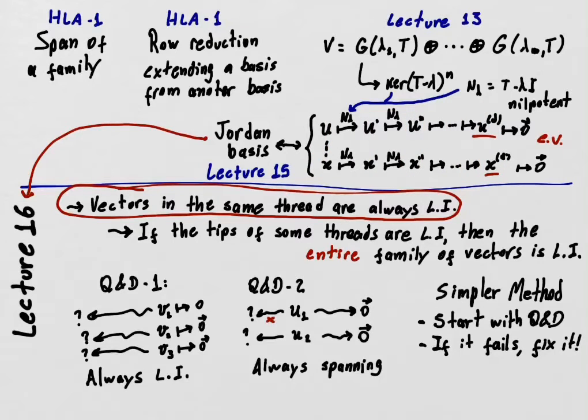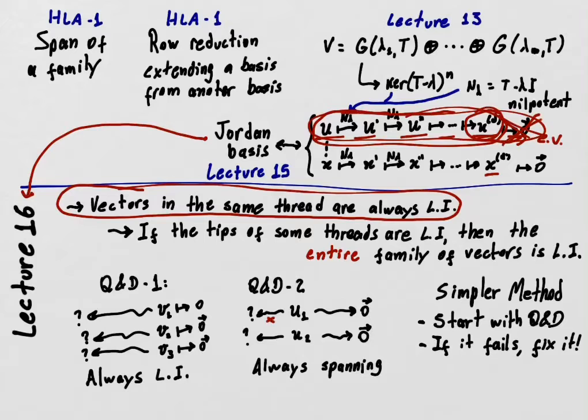However, there is a much stronger property, and you prove that property in a similar way as you prove this condition for a single thread. So for a single thread, what did we have? We had non-zero vectors that eventually end at 0. So of course we throw away 0. Then this vector here being non-zero, the entire thread is linearly independent.